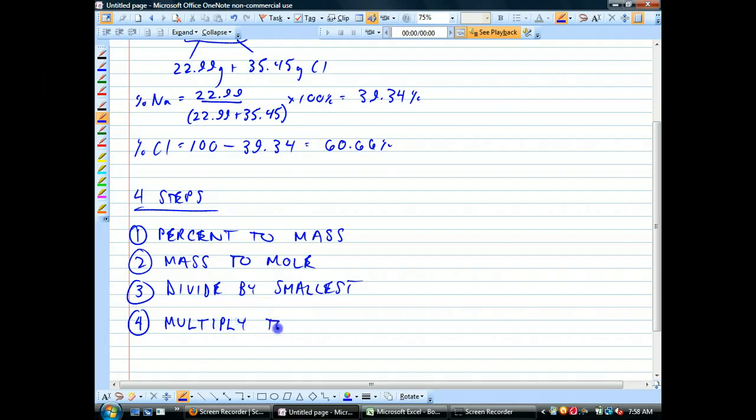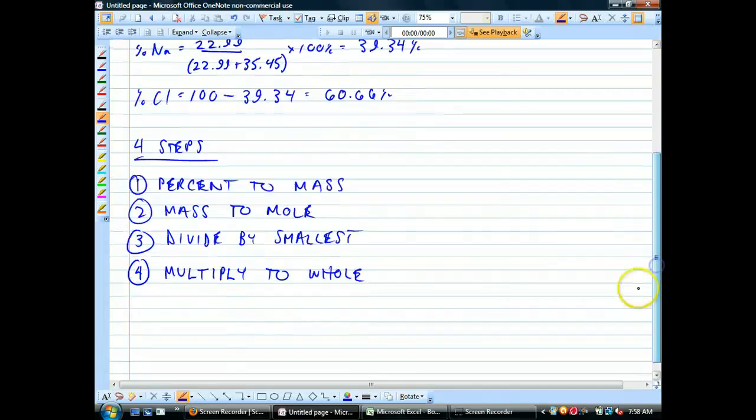Multiply to whole, meaning whole numbers. So that's if you end up with something like a fraction after you do step 3, or 1.5, or 1.33, or 1.67, or whatever, you're going to multiply that through by something to get a whole number.